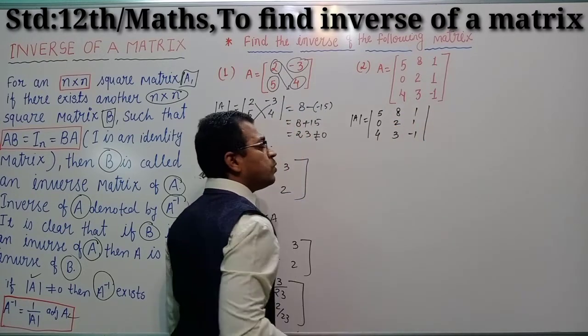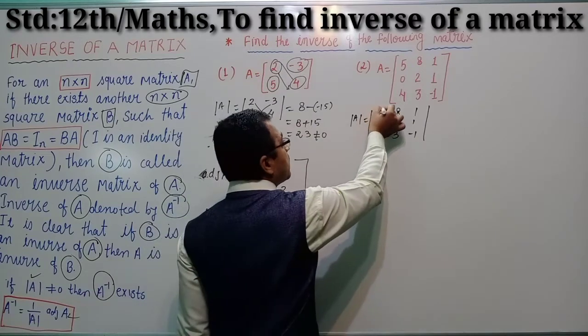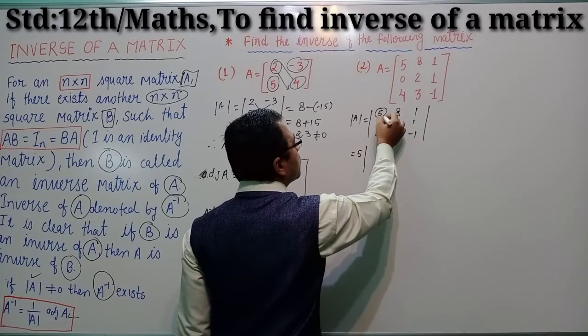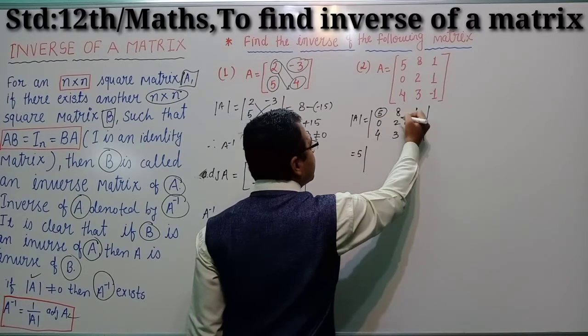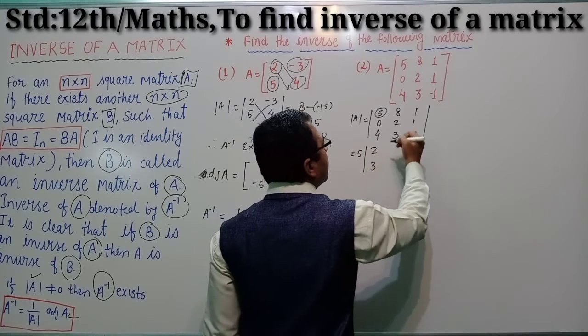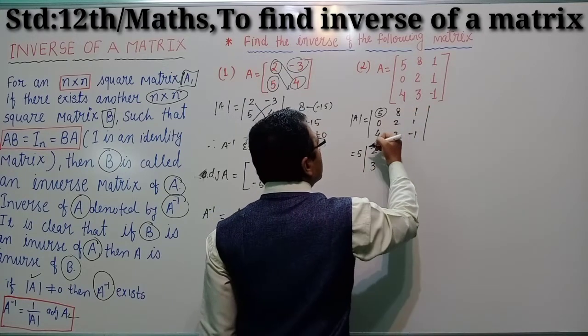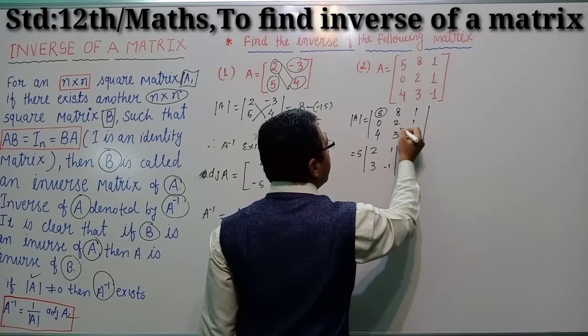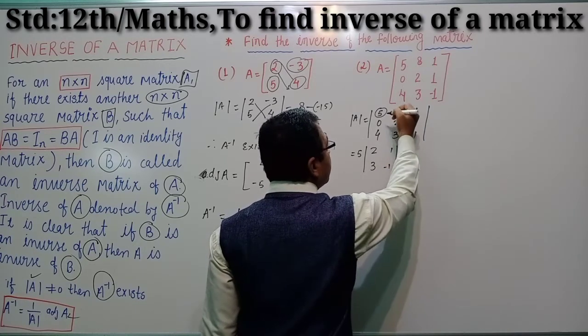Now students, you can expand these things considering 5. If you are considering 5, do not write this element and these elements, you write 2 and 3, and then 1 and minus 1, right? Similarly, the second element is 8.